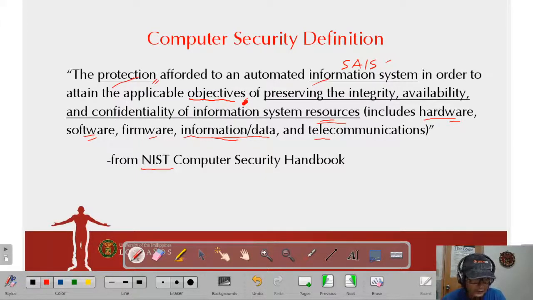So that is basically the definition of computer security provided by NIST. Later, when you are asked to define what computer security is, you think of an information system, and it has resources, and these resources must be protected by specifying applicable objectives on these resources.